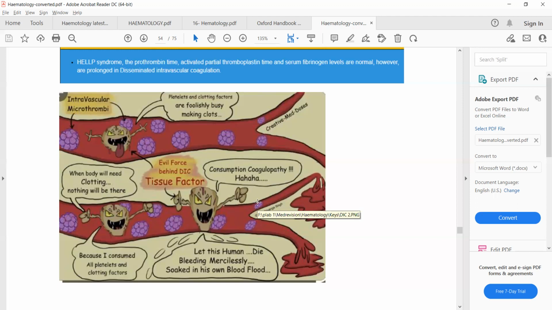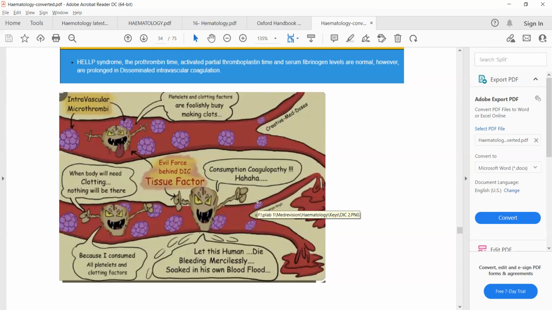So what will happen in disseminated intravascular coagulation? Due to deficiency of clotting factors 8, 9, 1, 2, 3, 7, all the clotting factors are deficient. So PT will be prolonged, APTT will be prolonged. Due to deficiency of platelets, bleeding time will be prolonged. And due to consumption of platelets, platelet count will be low.